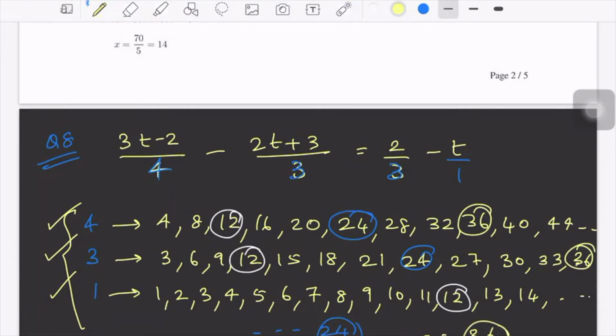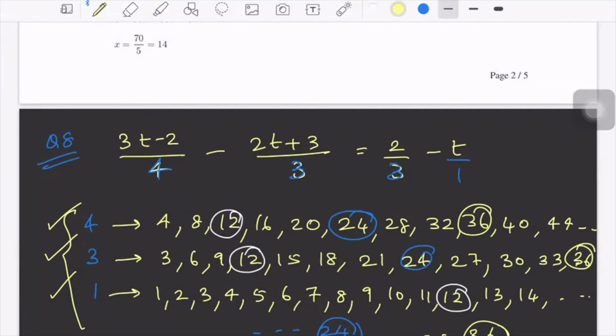Yeah, yes, cool. So we could choose any of these numbers. Yeah, it's basically a 12 table. Exactly. Okay.